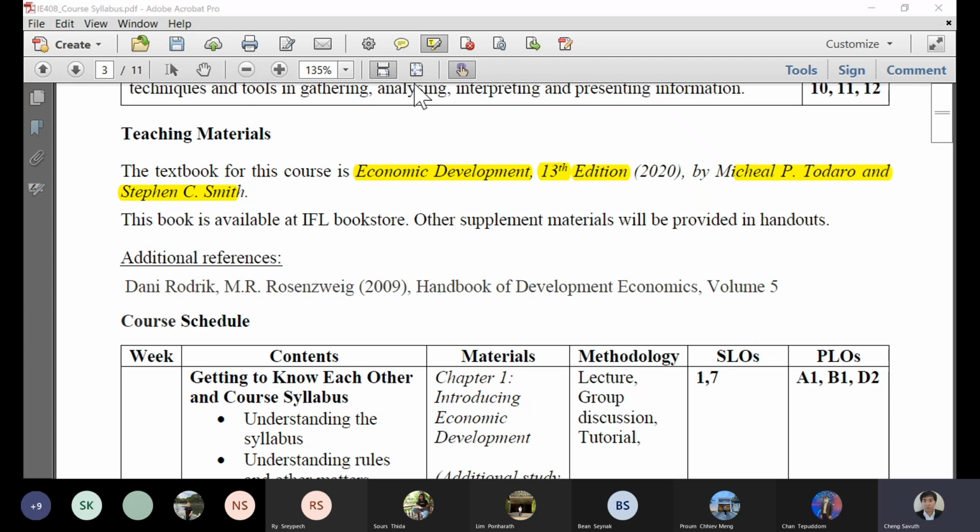By the way, the book is actually one of the great books. It's being used worldwide, even in top universities in the US or in China. It's one of the most popular textbooks. Let me share the book.